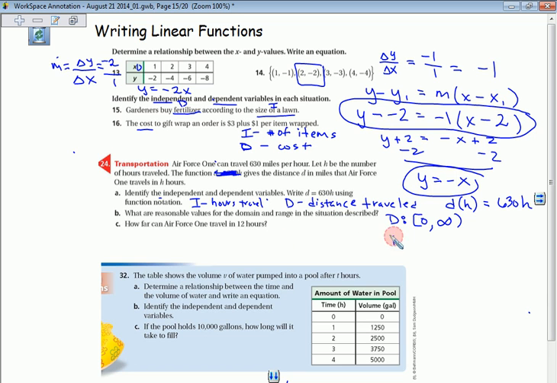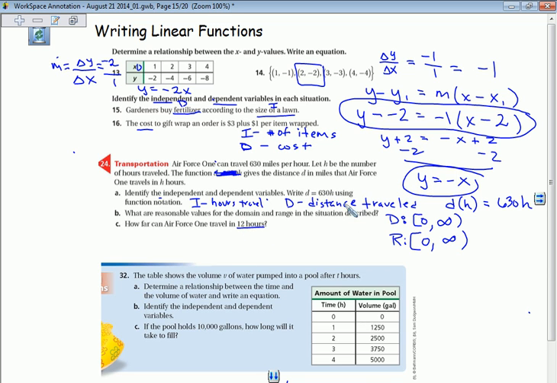Our range, well, if we don't get on the plane at all, how far are we going to travel on the plane? 0 miles. And since we can travel forever, we can travel an infinite distance according to your situation. Okay, how far can it travel in 12 hours? What would we do with the 12?